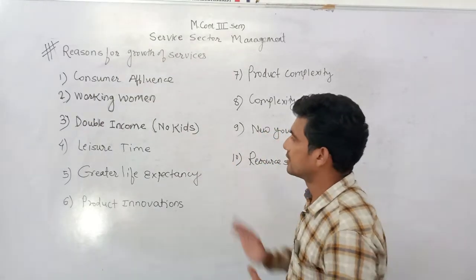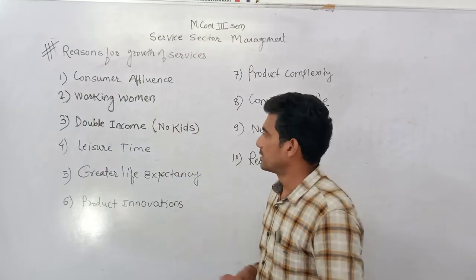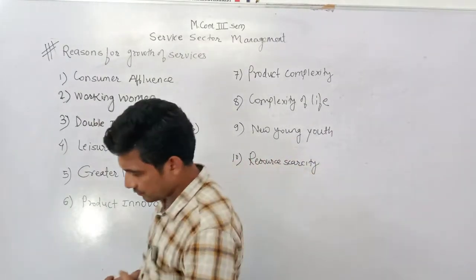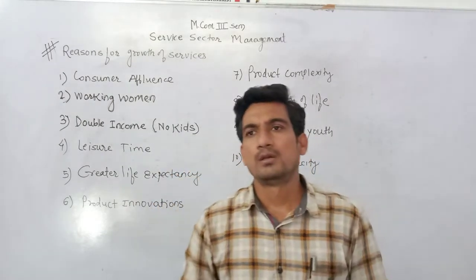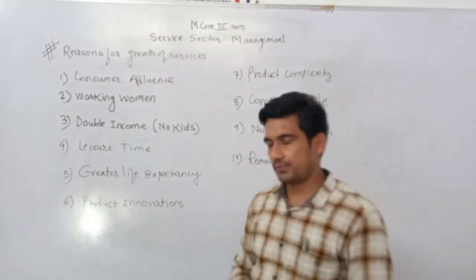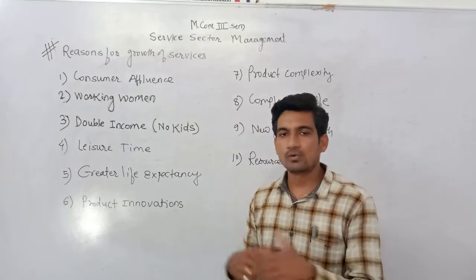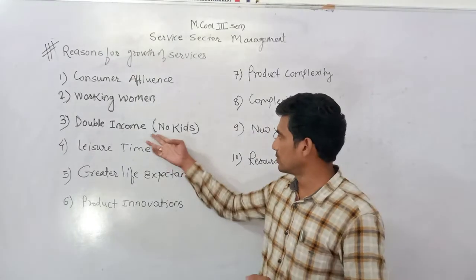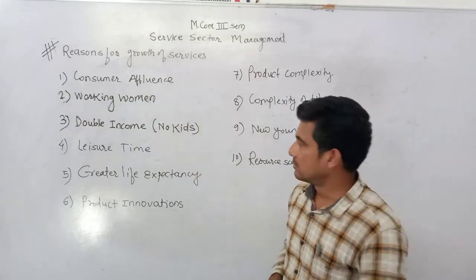The third one is double income. It's a very new point in the Indian scenario, but it is coming from the West, and particularly it is adopted in the IT sector. Husband and wife both are working, but they don't want to take any liabilities. So I wrote here: no kids. This is called DINK, double income no kids.